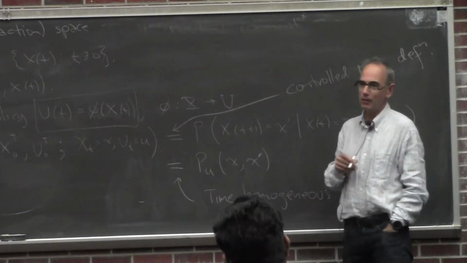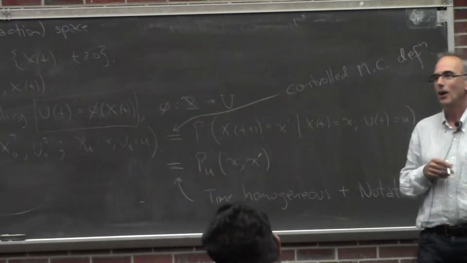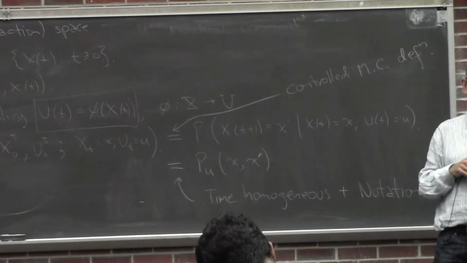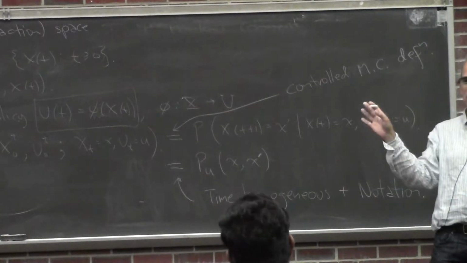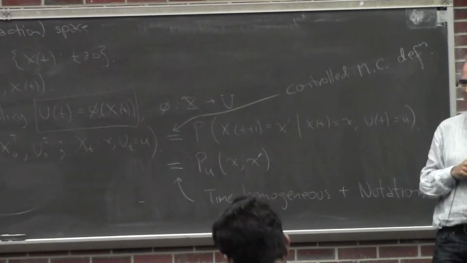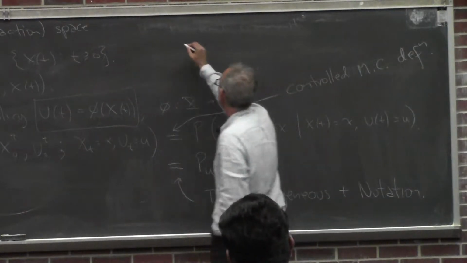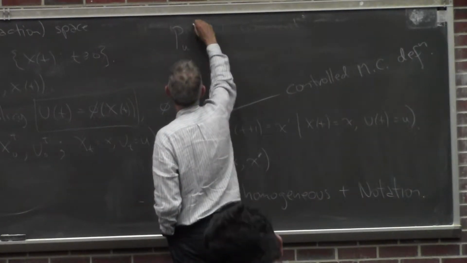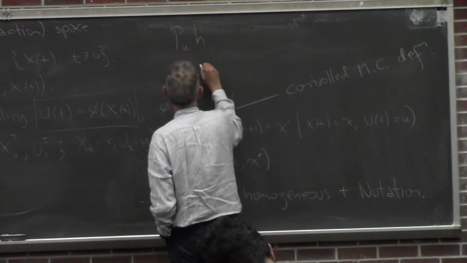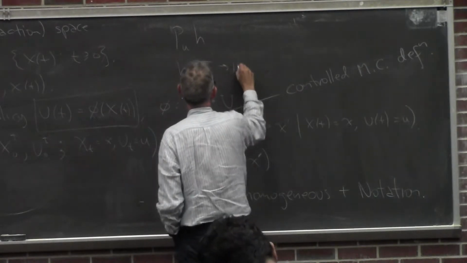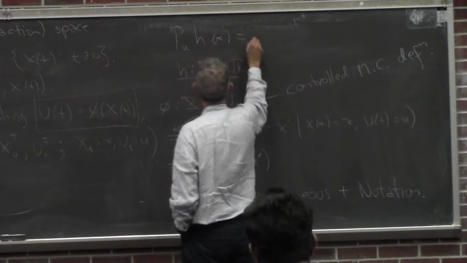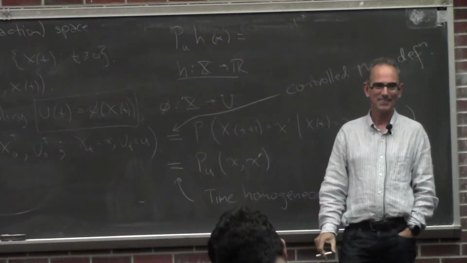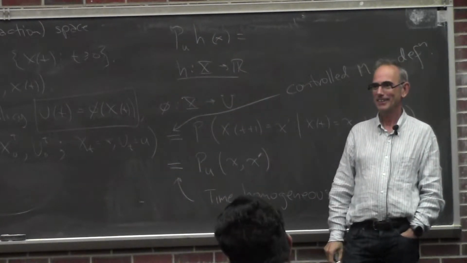We have a controlled transition matrix, and all that funky notation I talked about before, we're going to start using again. So you never liked P sub h? Well, too bad. You're going to get it even worse now. So what do I mean by P sub u h?